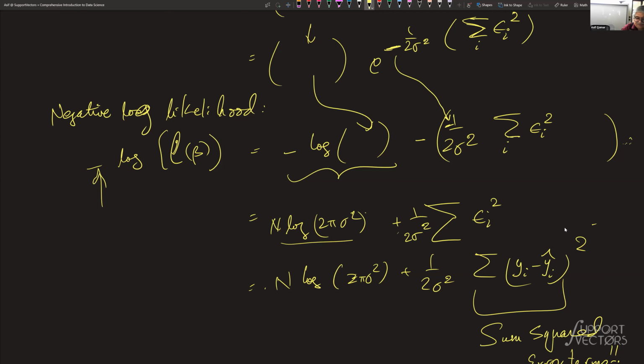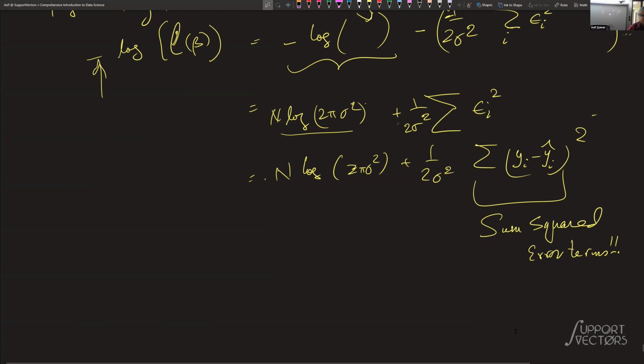Oh, because if you notice, it was 1 over 2 pi sigma squared to the power n. So log of 1 over x is minus log x. So again, a minus and a minus will cancel out. That's it. So basically, if you look at the loss function, this is a constant.